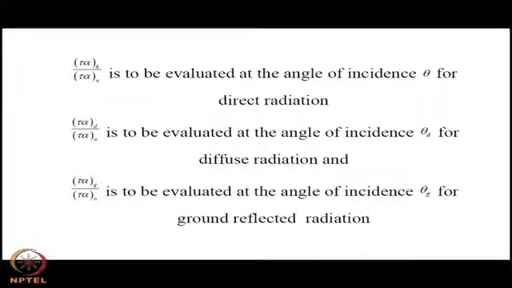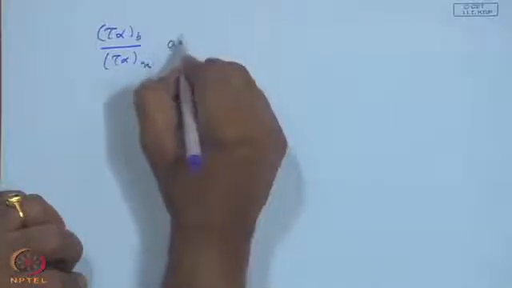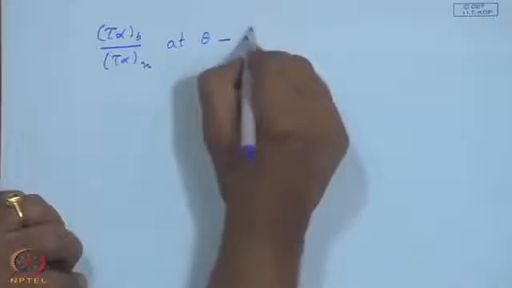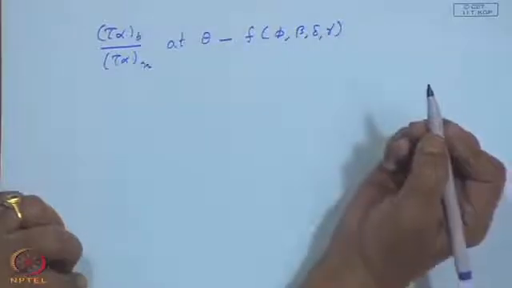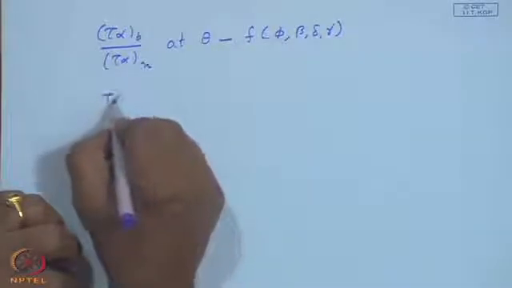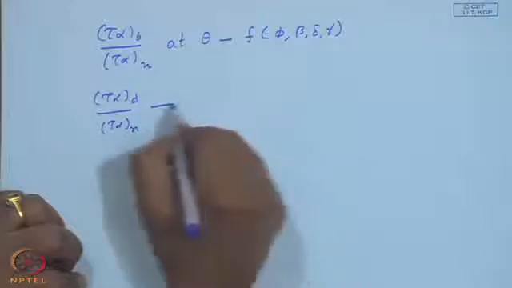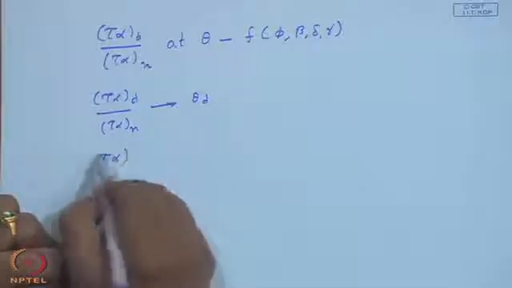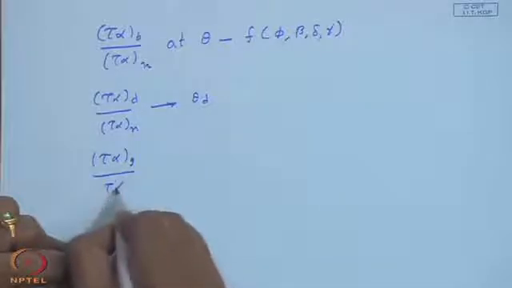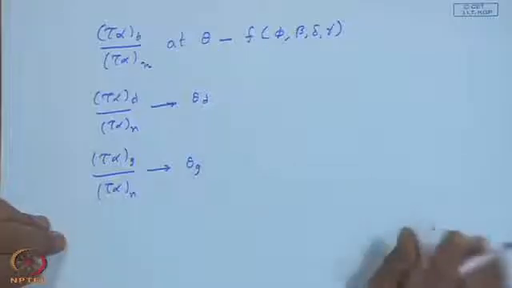So, now we have to evaluate, bear in mind, at theta a function of phi, beta, delta and gamma of the direct radiation, and this tau alpha diffuse by tau alpha normal at theta d given by the above equation, and tau alpha ground by tau alpha normal to be evaluated at theta g as given by the previous equation.